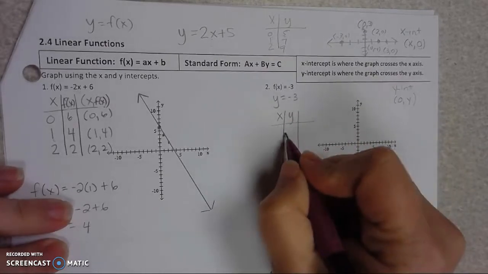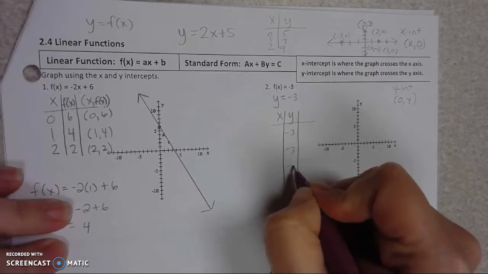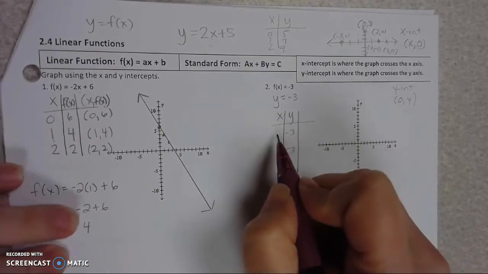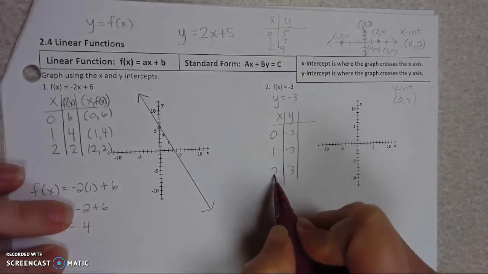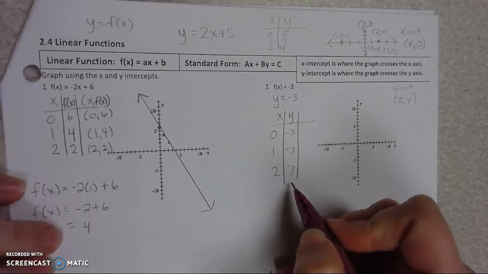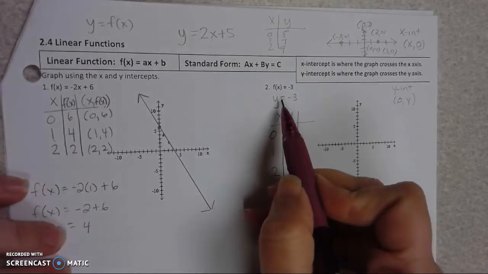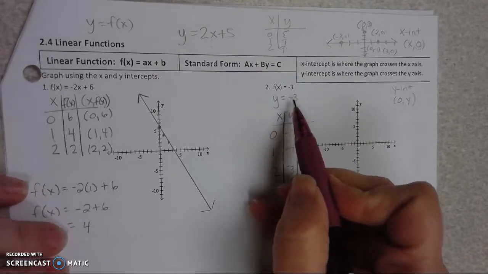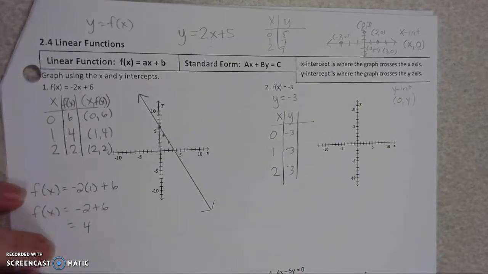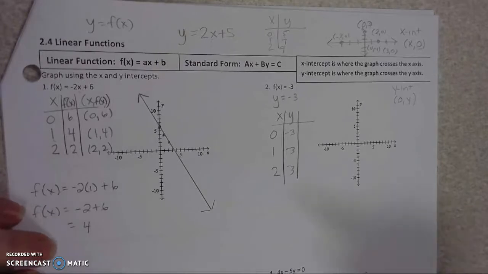So if I made a table, it doesn't matter what I picked for x. If I picked 0, 1, and 2, y is always going to be negative 3. This happens when it just says y equals a number. I don't have the x variable. All I have is the y variable.